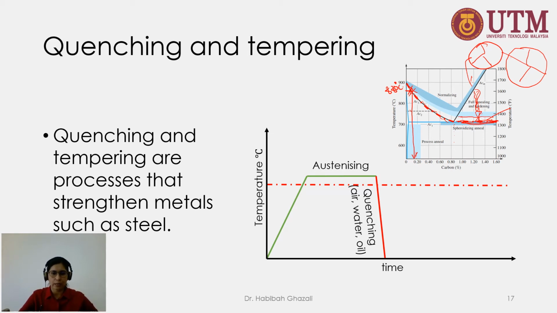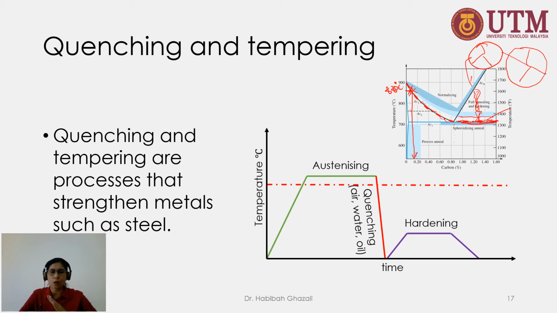So how do we do that? We can straight away rapidly put it inside water or oil or air. So that's like a different quenching medium. So the temperature will change drastically. So this is a diffusionless process. And the second step is what we call tempering.